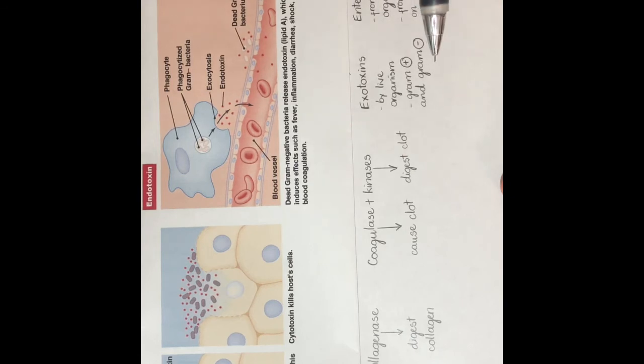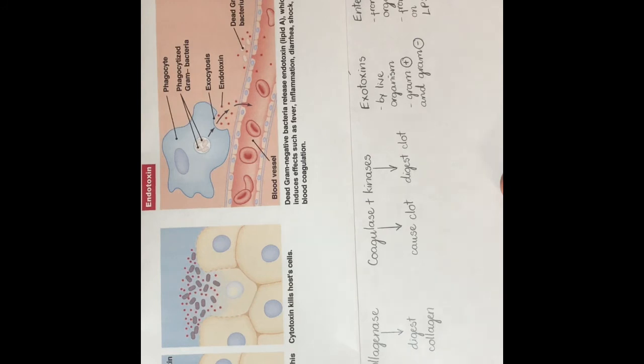The source comes from gram-positive and gram-negative bacteria. For humans, the body responds by producing antitoxins, which prevent binding to the target. Some exotoxins affect the gastrointestinal tract.